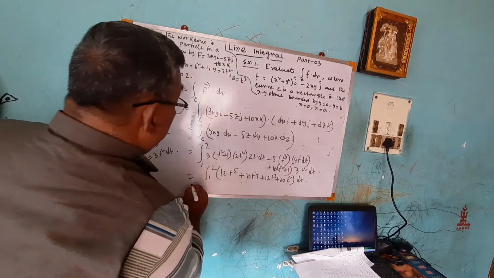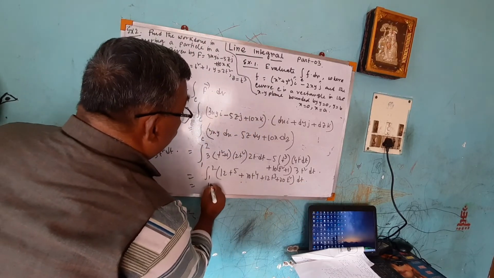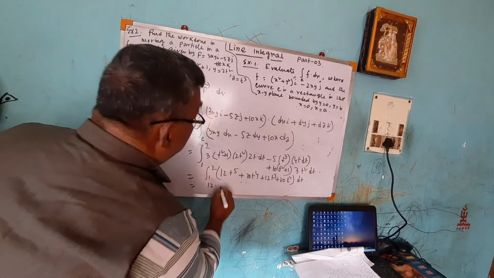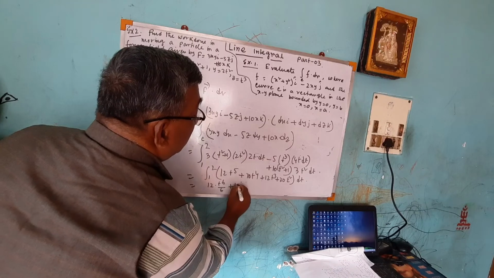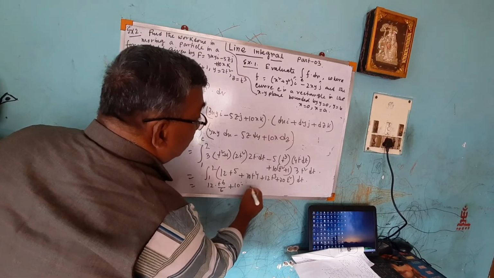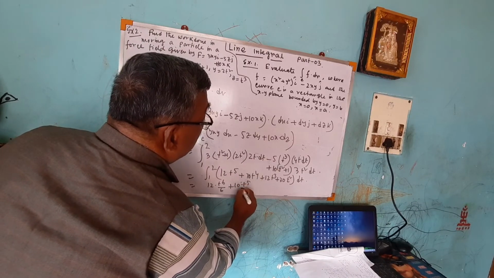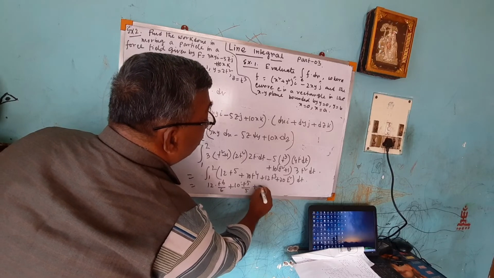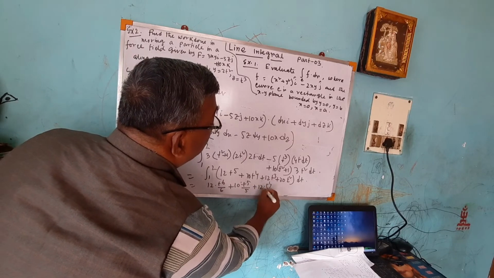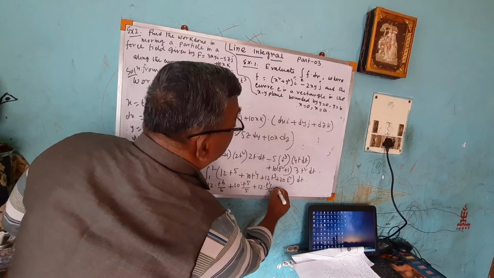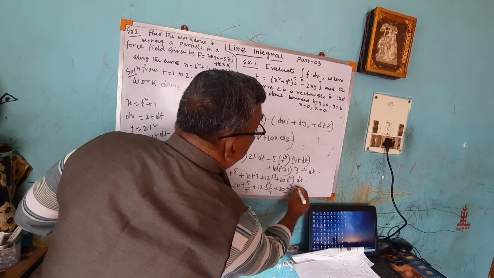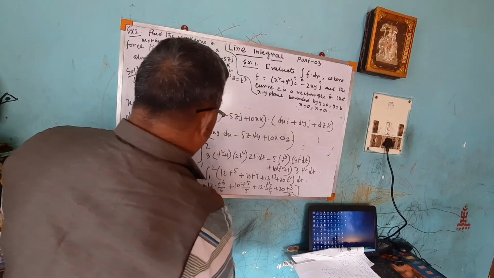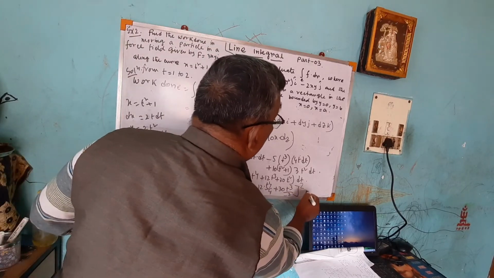Now you can integrate this: 12 into t to the power 6 by 6, plus 10 into t to the power 5 by 5, plus 12 into t to the power 4 by 4, plus 30 into t to the power 3 by 3. Then upper limit minus lower limit, 2 to 1.